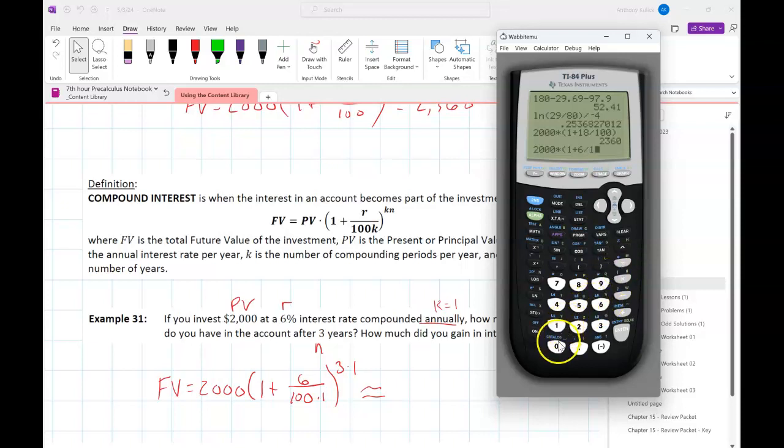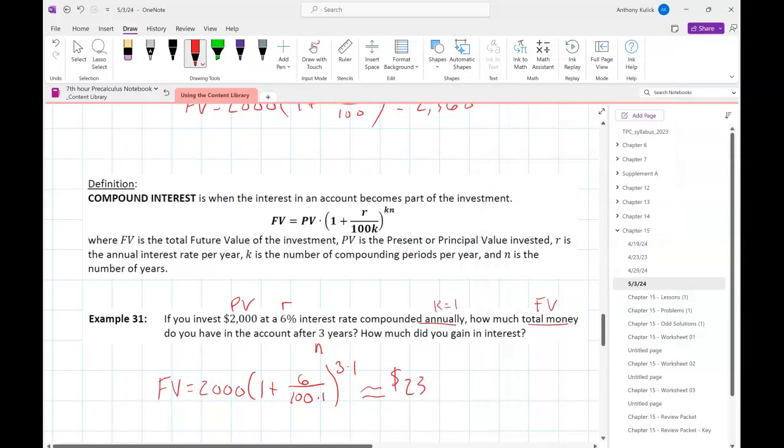Now, I'm not going to bother putting the times ones in. Is everybody okay with that? 2382.03. So what, like 22 bucks more than the previous one, which ain't nothing.